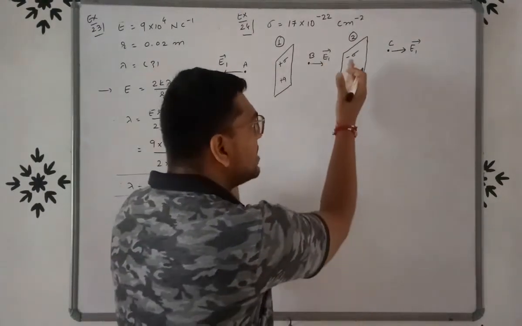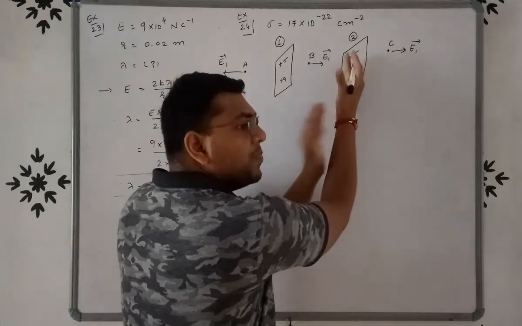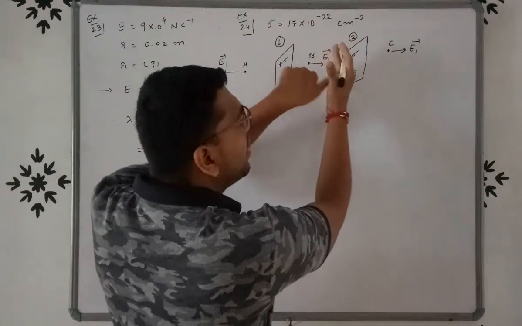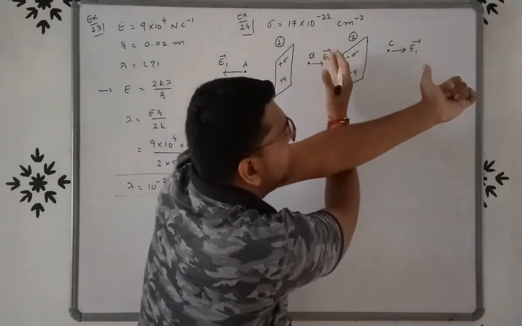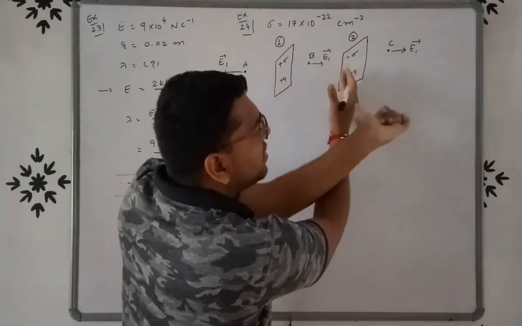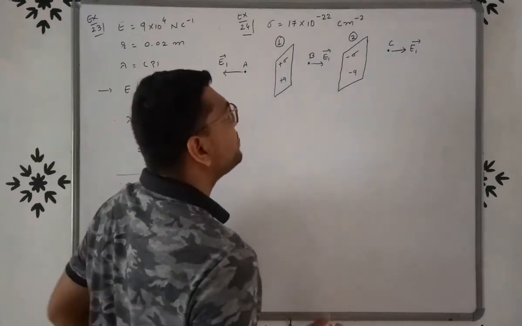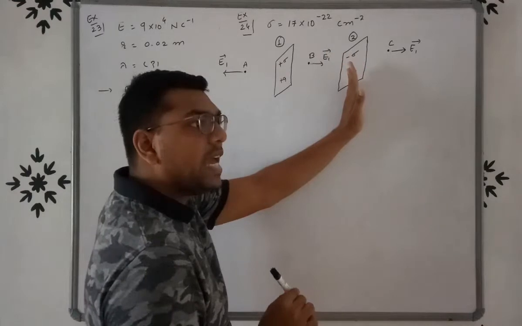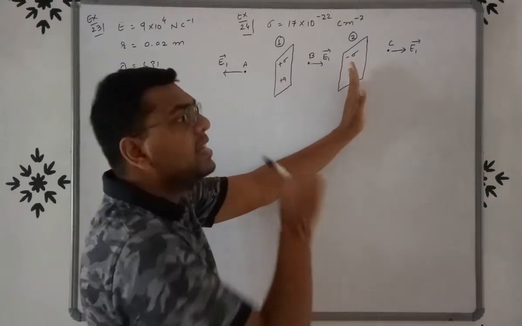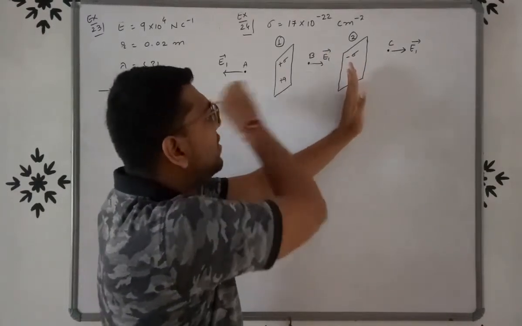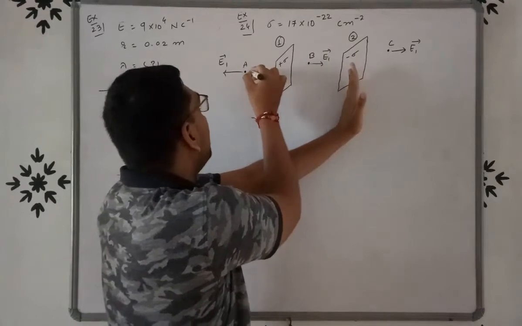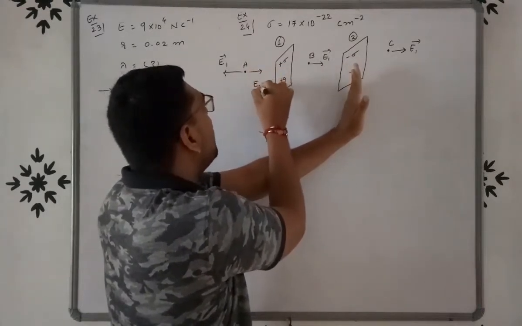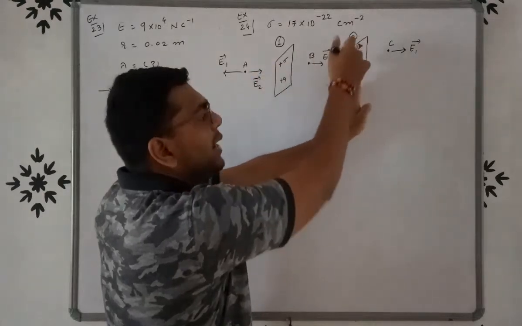So see here friends, this is the plate having a negative charge, so the direction is inward, like this. And for the right hand side, the direction of electric field is inward, so like this, on the left hand side. So at this point A the direction is like this, E2, the electric field due to the second plate.